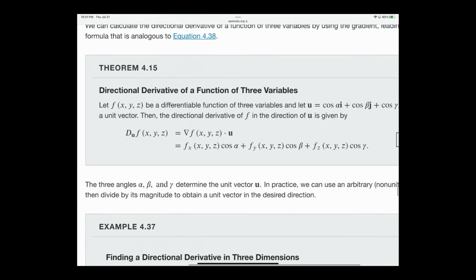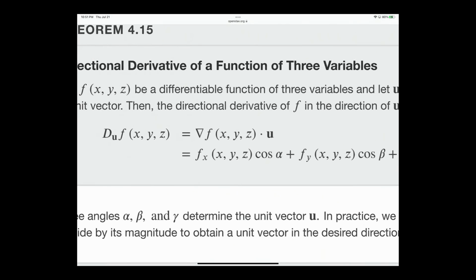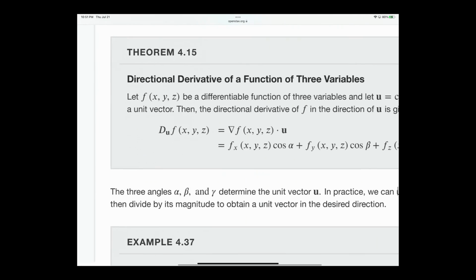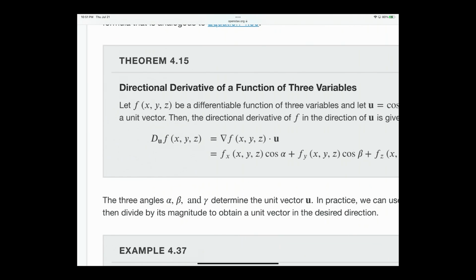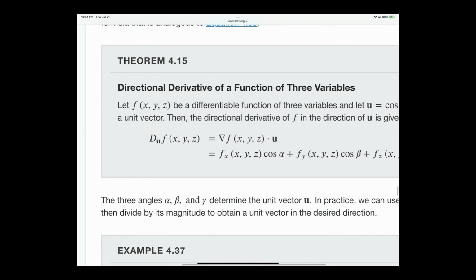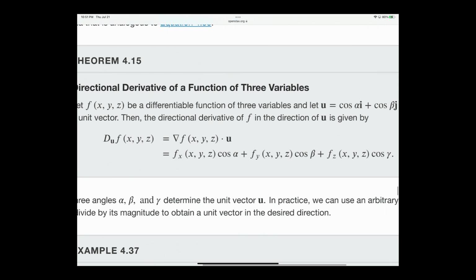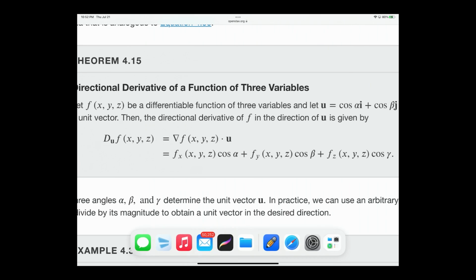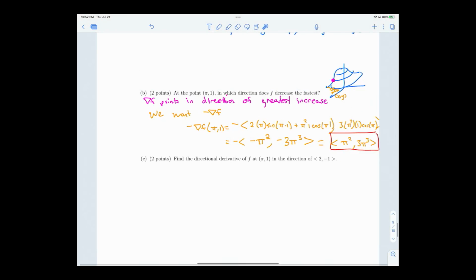There we go. If you read this, it says exactly what I said: gradient f dot with u, where u is a unit vector. So the directional derivative of f in the direction of u is given by the dot product of the gradient with the unit vector.